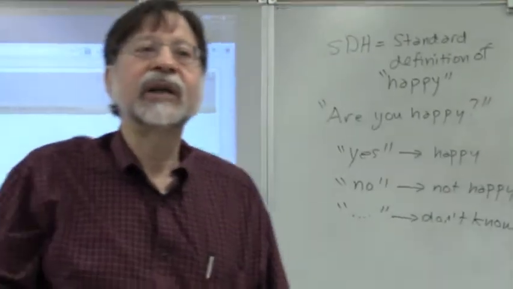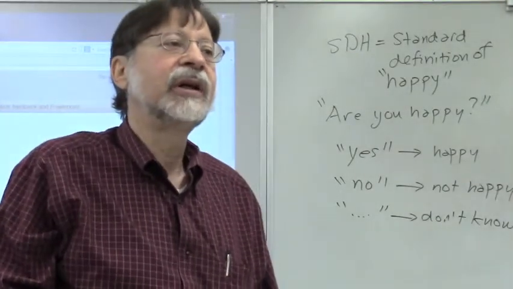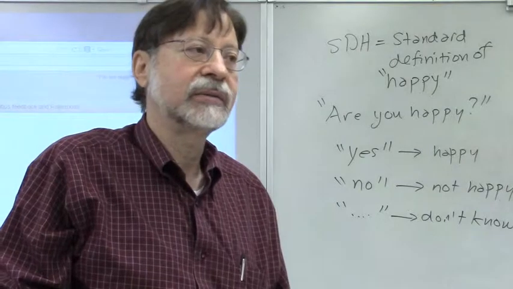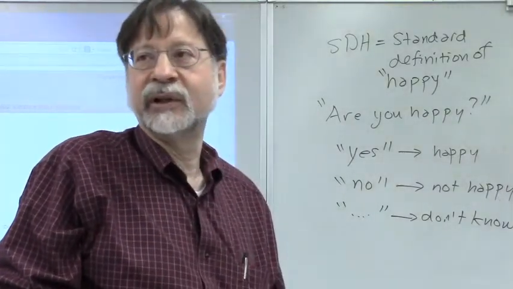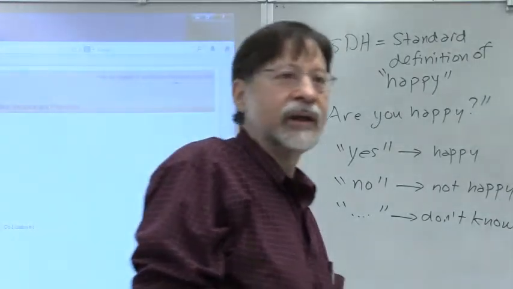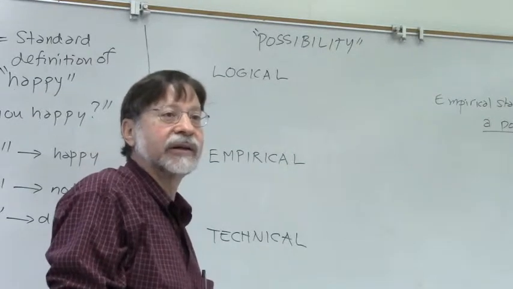What's logically possible? Again, by logically possible, I mean consistent with logic. It is not logically possible for a bachelor to be married. Okay? So it is logically possible that I could fly to the sun and back.